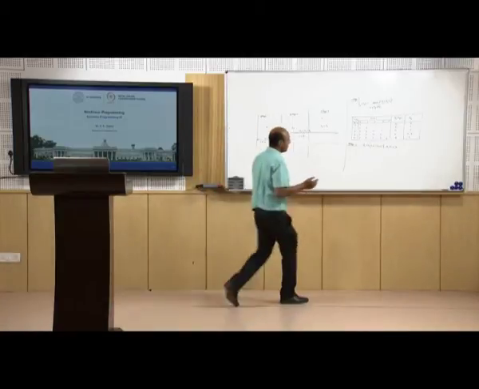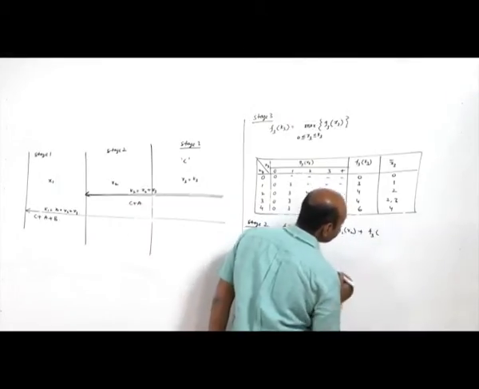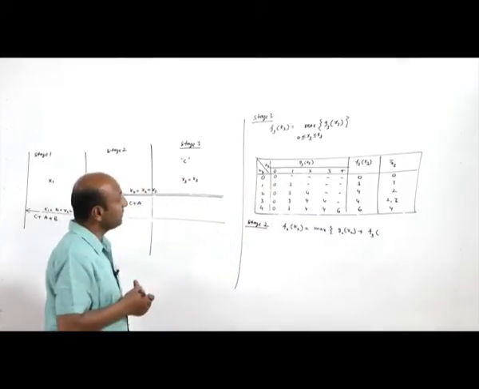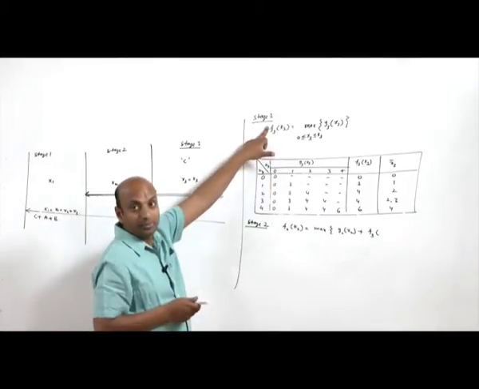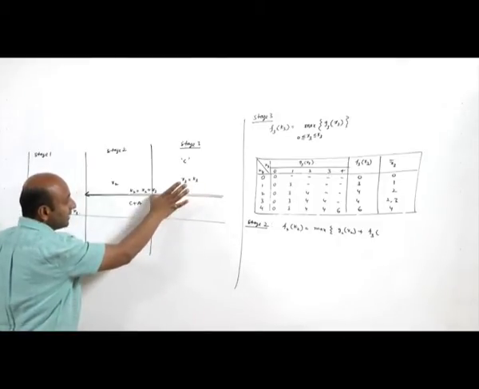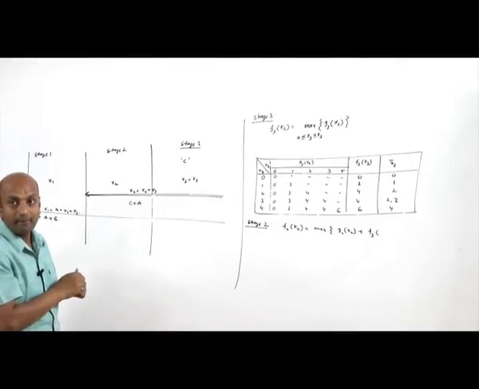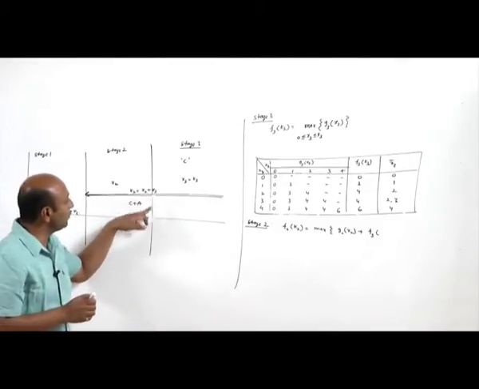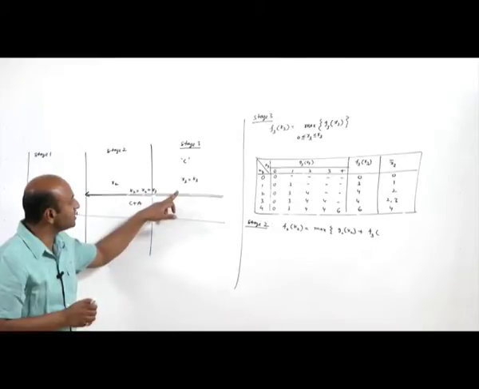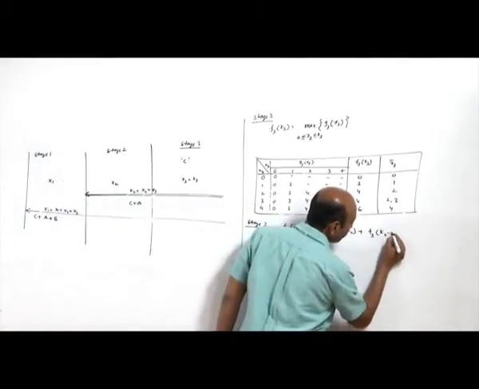So here we add F3K3, whatever we obtain for stage 3. Now, you see, up to this stage is K3, up to this stage is K2. So K2 minus X2 will be the net available for stage 3.